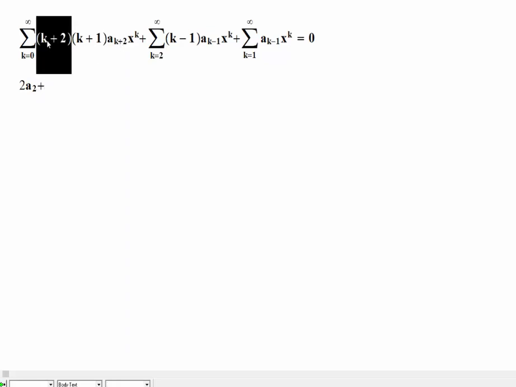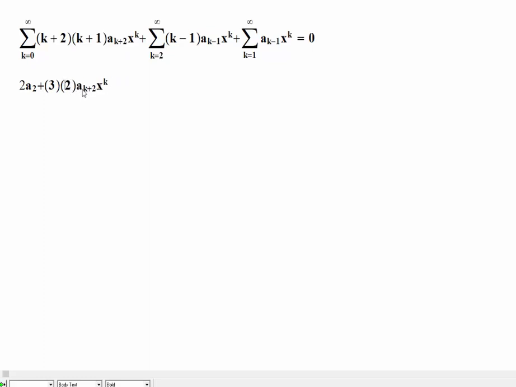Then the second term corresponds to k equals 1, right? When we write k equals 1, 2 plus 1 is 3, and then 1 plus 1 is 2 here.